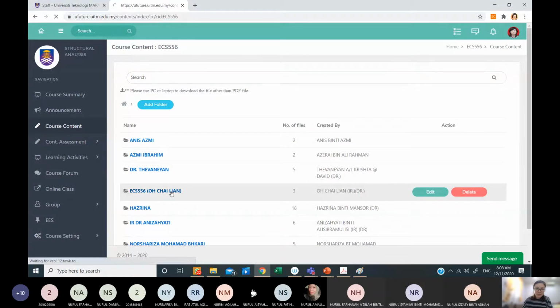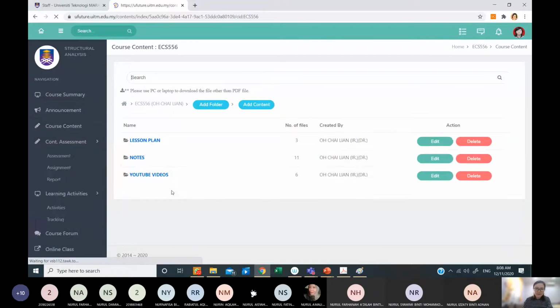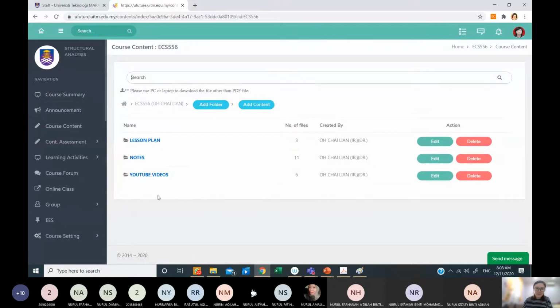Once you enter my folder, you can see there are 3 folders. The first one is the lesson plan, which I have also put in your WhatsApp group, the latest lesson plan that incorporates the dates of the test.